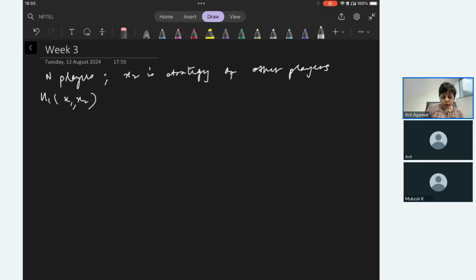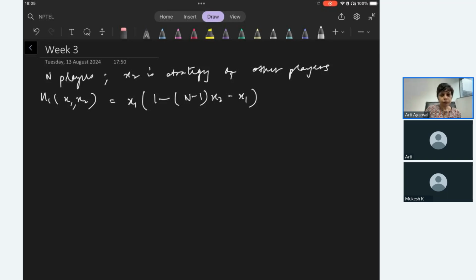This we assume to be in proportion to my own strategy X1, and in proportion to the remaining resource, that is 1 minus (n minus 1) X2 minus X1. N minus 1 players have strategy X2, in which they are extracting the resource. That is (n minus 1) X2, minus X1, which is what I am extracting. So if the total is 1, then the remaining is 1 minus (n minus 1) X2 minus X1.